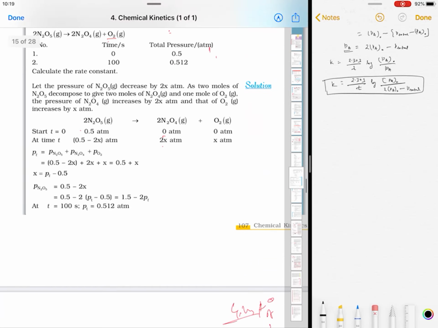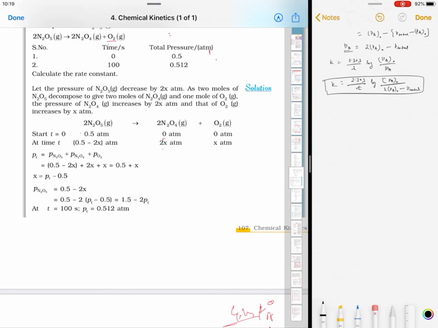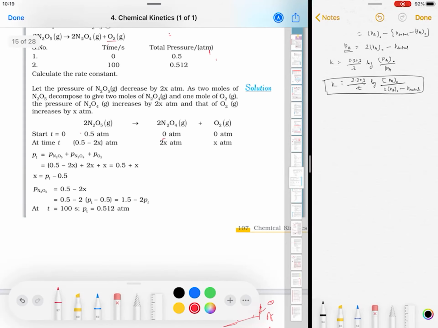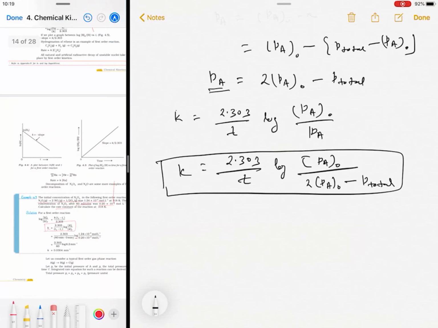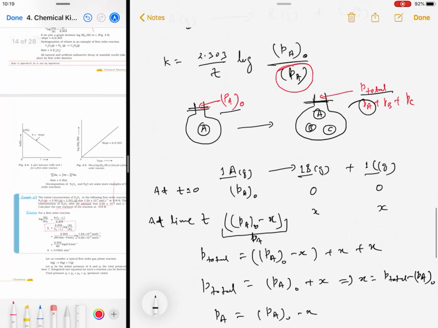How? We can see in the derivation which we have done, we used x, but in this case, since the stoichiometry is 2, here we have 2x. This is x because stoichiometry is 1, and here we will have PA naught minus 2x because the stoichiometry is 2. So the final pressure term will change. So for gaseous reactants, we have to derive this equation.